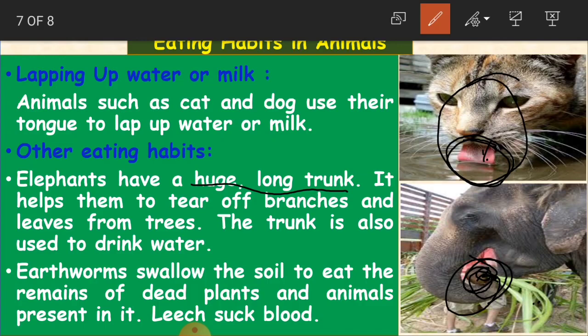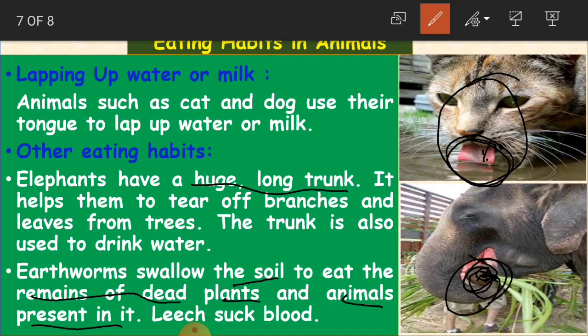They swallow all the remains of dead plants and animals present in the soil. In the soil there are so many dead organisms, such as plants, animals and insects, and earthworms swallow them as their food.